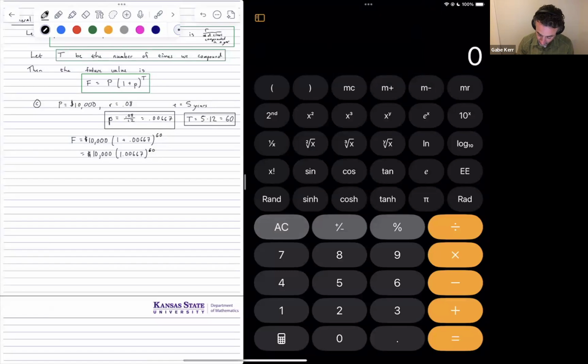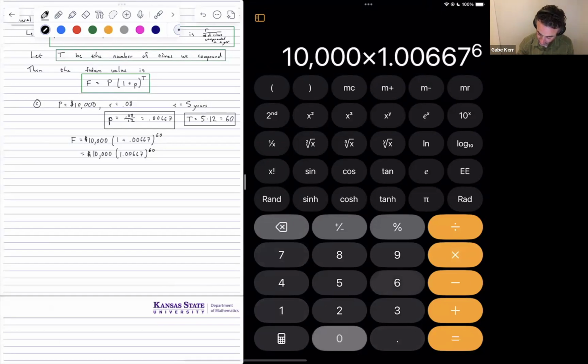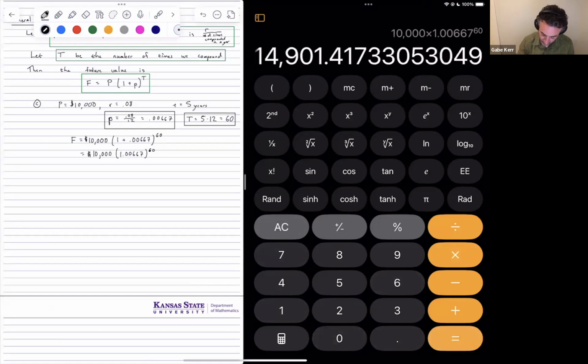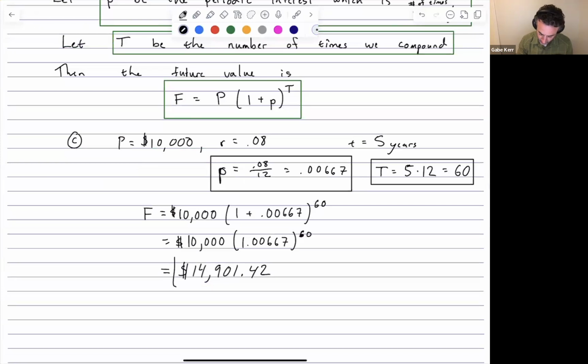So we will say 10,000 times 1.00667, that number to the 60th power. It's going to give me 14,901.42. And that is the answer to part C.